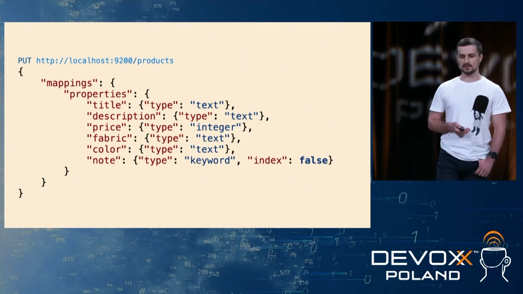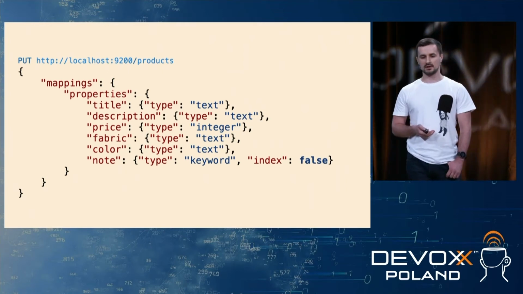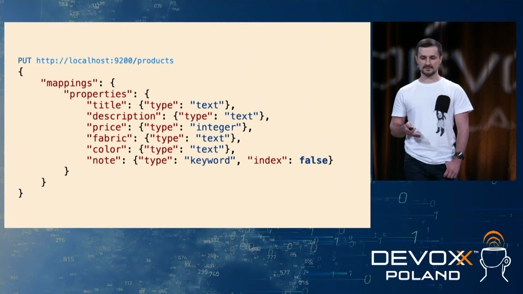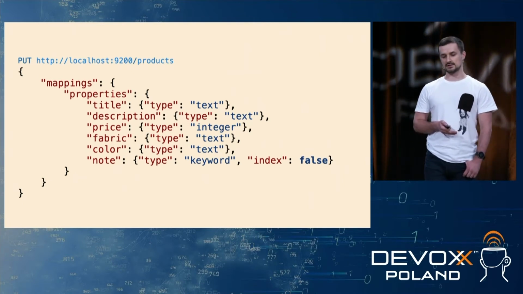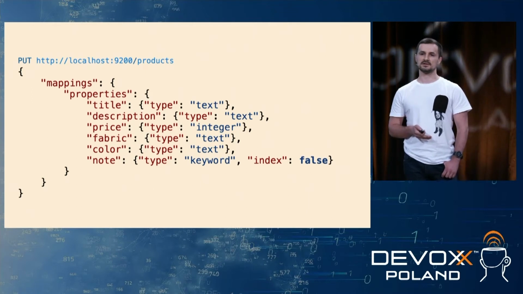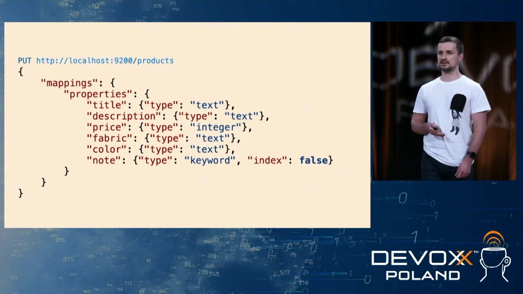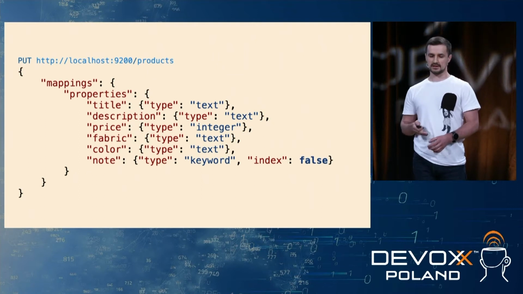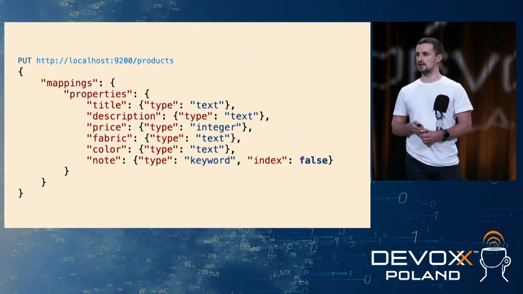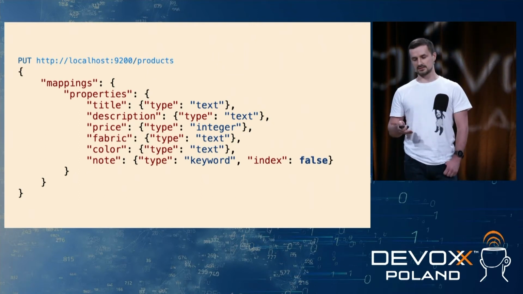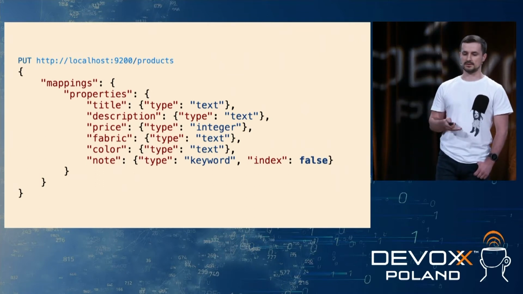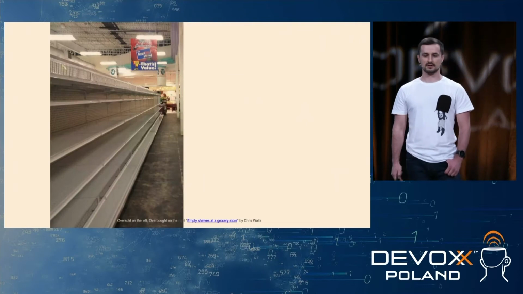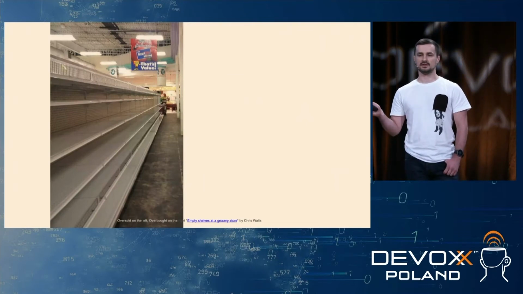And we're going to have a few fields here. Most of them are going to be text fields. There's one integer field, price, and note that one is of type keyword, and keyword means it's not analyzed. It's stored just like you entered the text, and it's not indexed, so we will not be able to search with this field. All right, so we created the index.